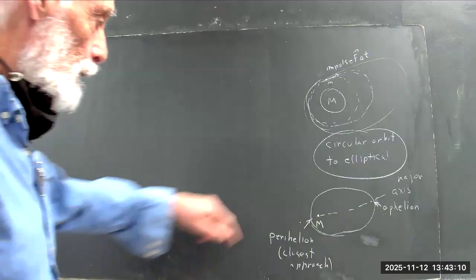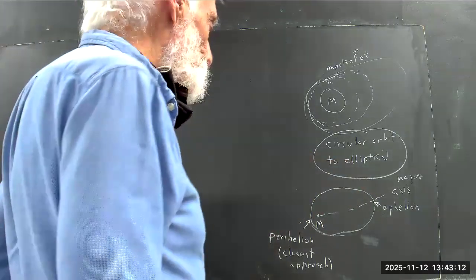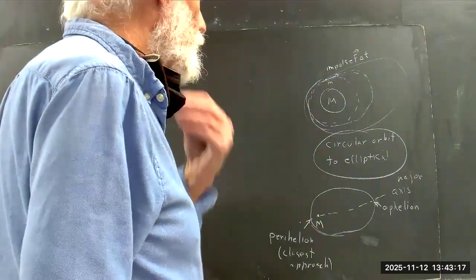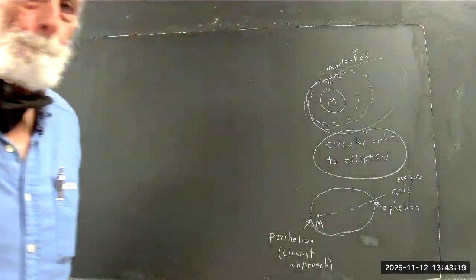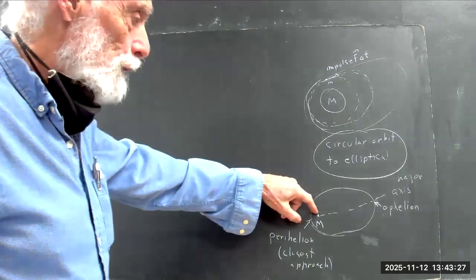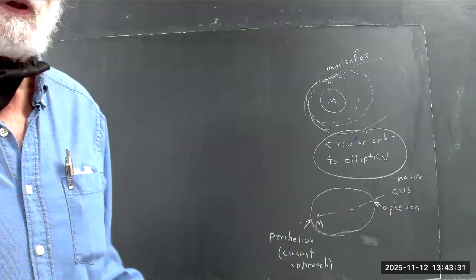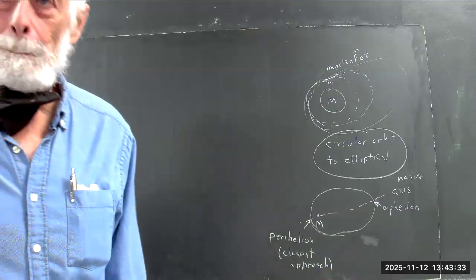Okay, so in here you got perihelion and aphelion. What's happening to the angular momentum of this mass relative to the center of the planet? Well, what is it that changes angular momentum?